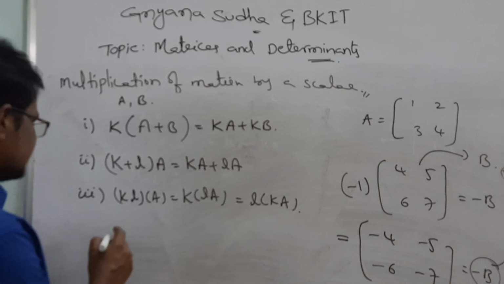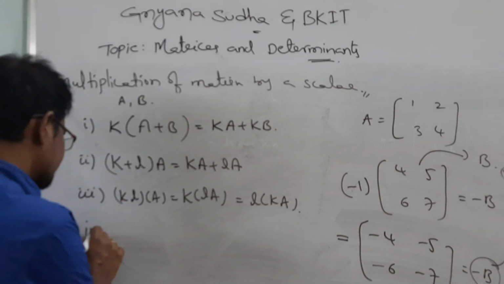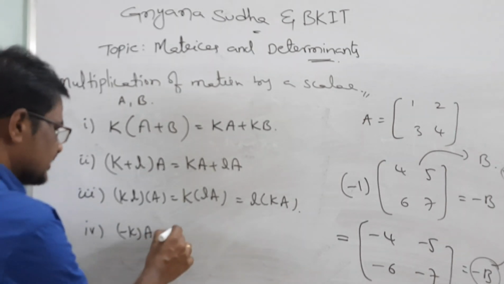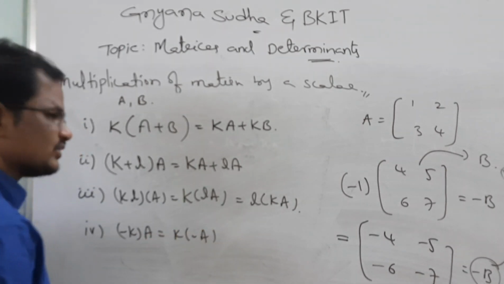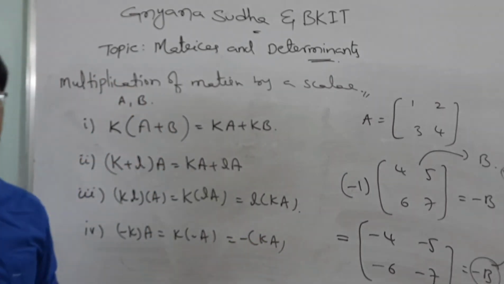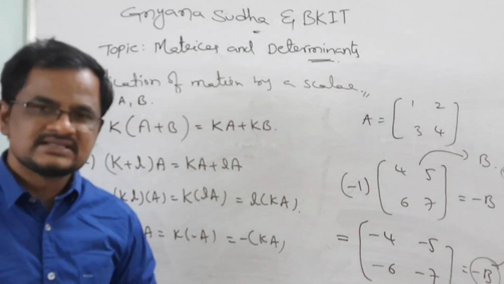Now suppose you want (minus K) into A. You can write K into (minus A) also, that is equal to minus of KA also. According to our convenience we can write that. Here minus 1 is also one of the scalars.